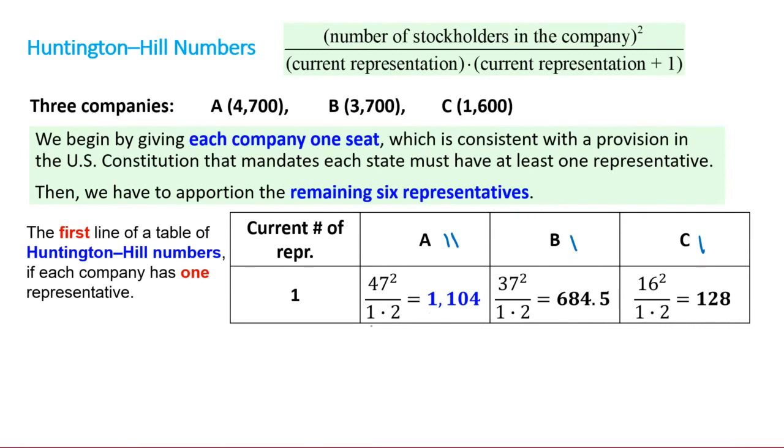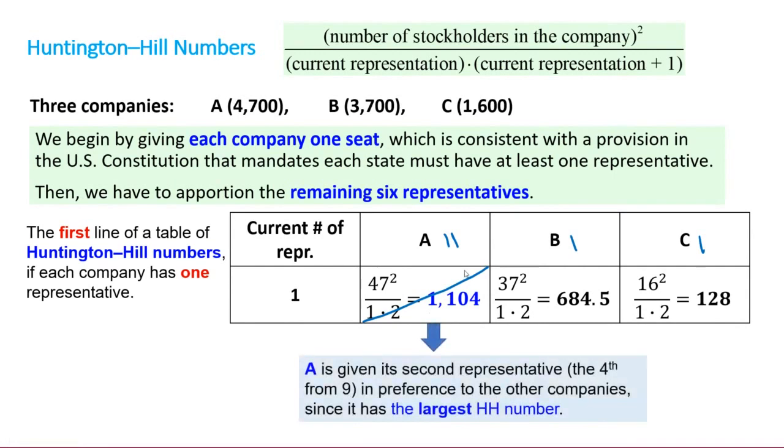And we cross out this Huntington-Hill number from the table, and we go to the next line in the table for A. So for A, the present number will be 2. The Huntington-Hill number will be calculated like this: 47 squared divided by 2 times 3.